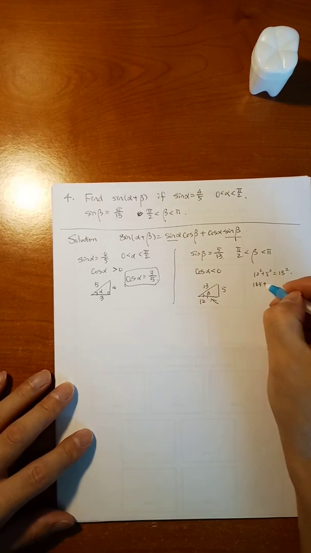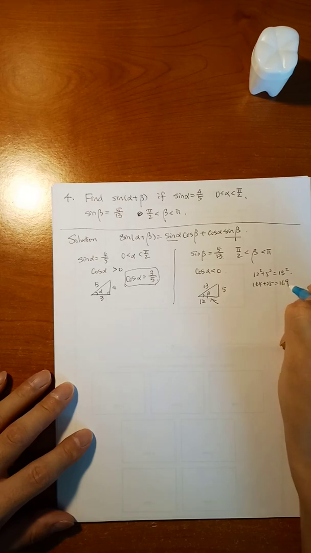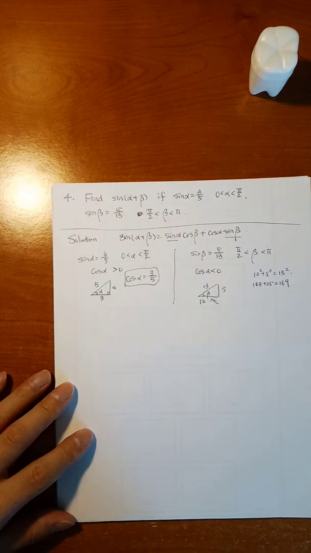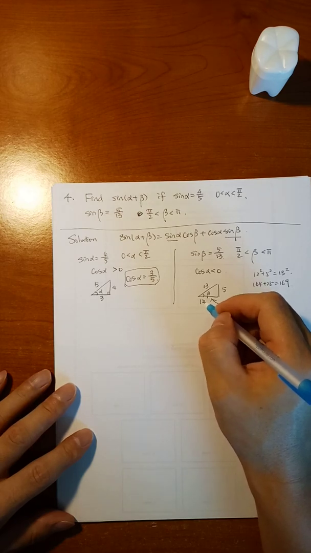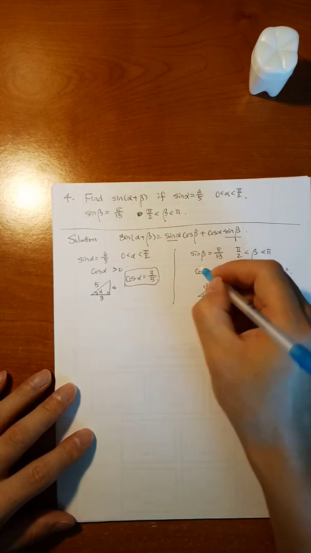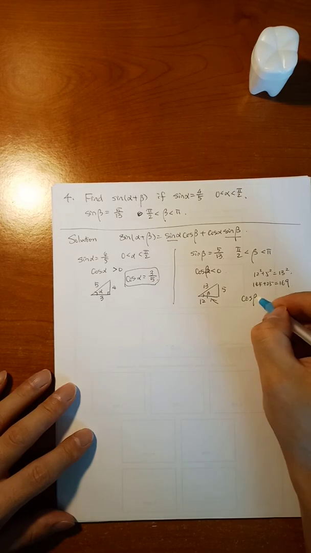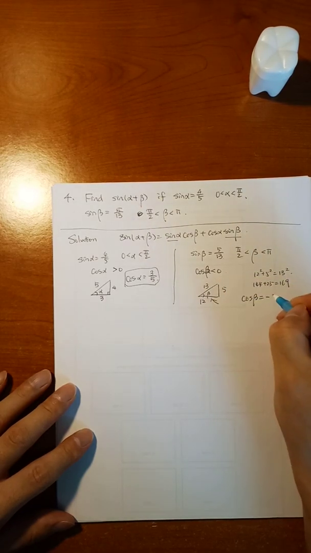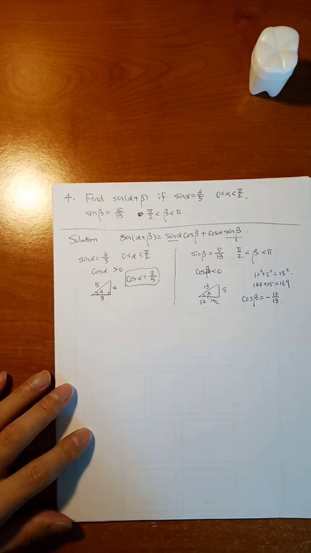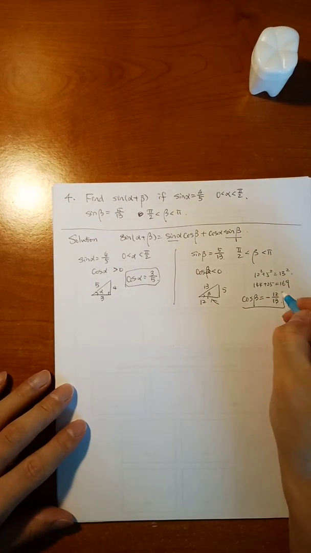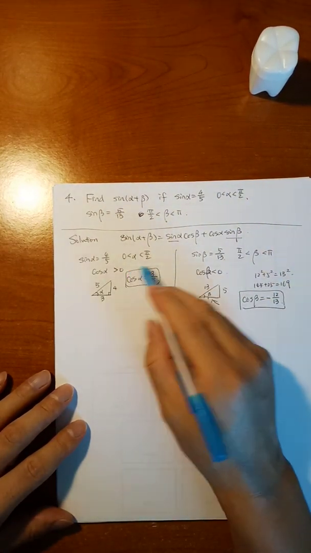It's 144 and 25 is 169. Okay, so the adjacent side is 12, then cosine beta is negative 12/13. It's negative, it's less than 0. Okay, so you get cosine alpha, cosine beta, sine alpha, sine beta.